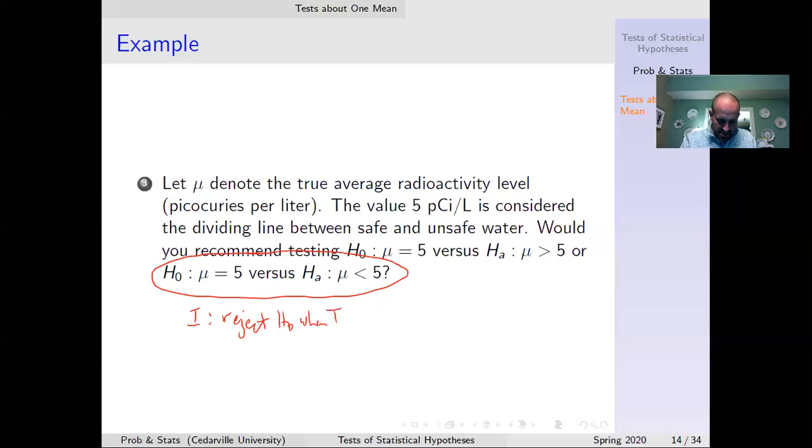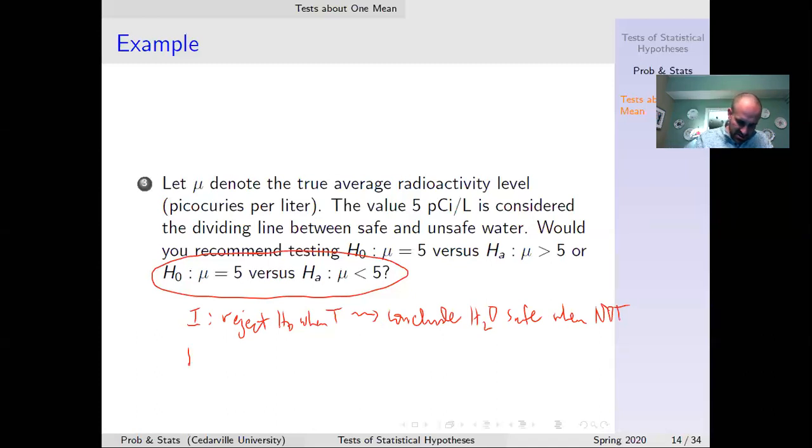So what would that mean would happen? That means that you would be drinking unsafe water, right? So you would conclude that the water is safe when it's not.